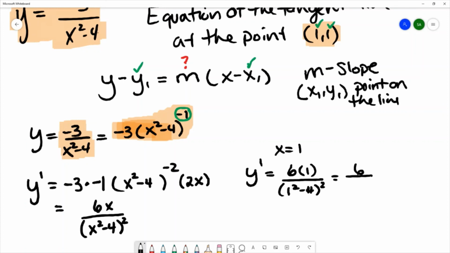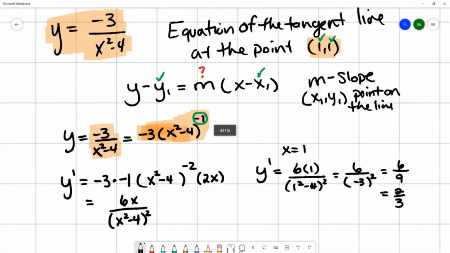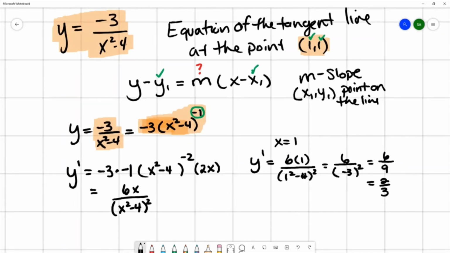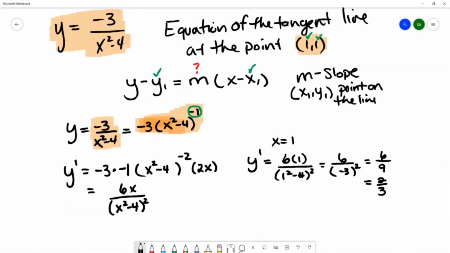That's 6 over -3 squared. That's 6 over 9, which reduces down to 2 over 3. So we have a slope of 2/3. And now that I have that slope, I have everything I need to create the equation of the tangent line.